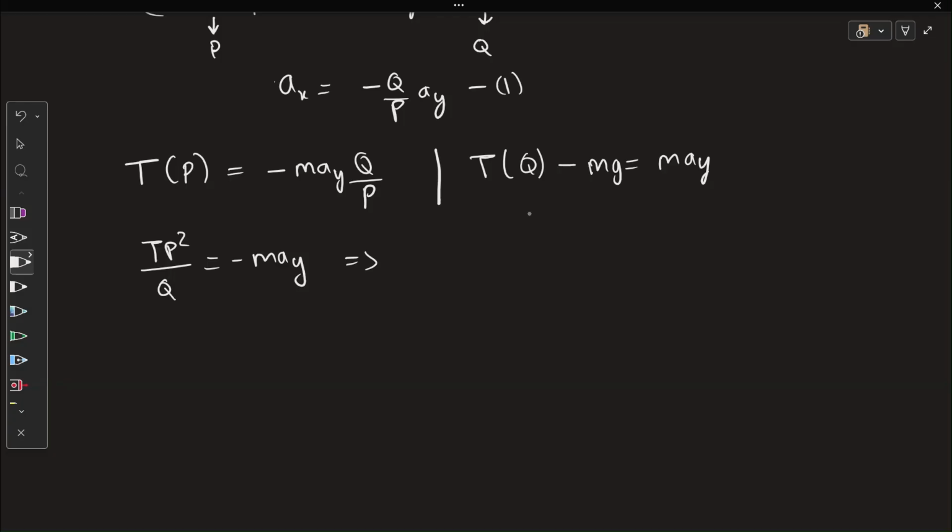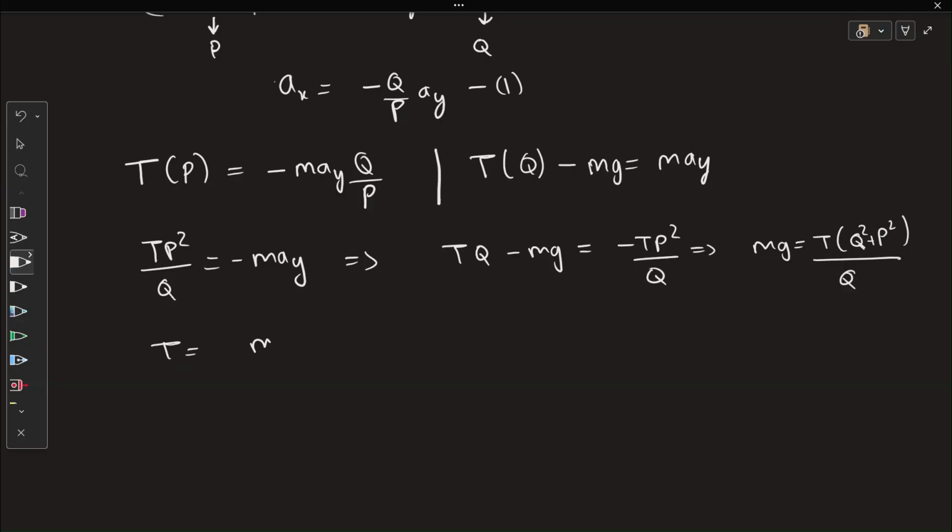If I substitute it here, T q minus mg is equal to minus T p square by q. So if I move it, mg is equal to T into (q square plus p square) whole divided by q. So T is nothing but mg into q by (q square plus p square).